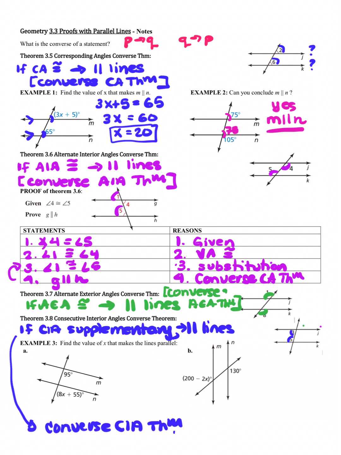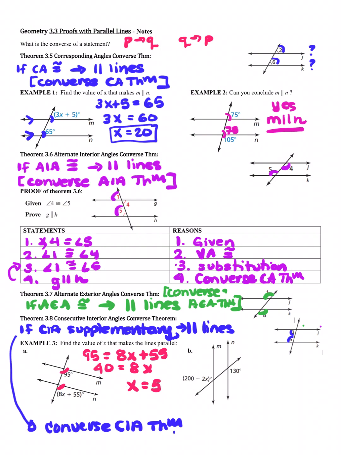All right. So let's play around with this. Now we want to find the value of x that makes the lines parallel. So once again, these are corresponding angles, so we know they should be congruent. So we set them equal to each other. Subtract 55 from both sides, and we get that x. So if x is 5, those lines will be parallel.